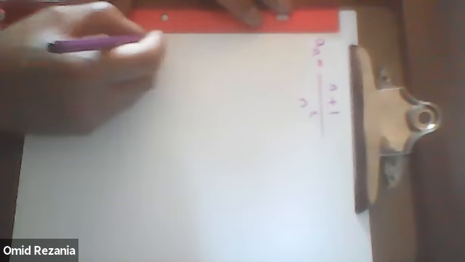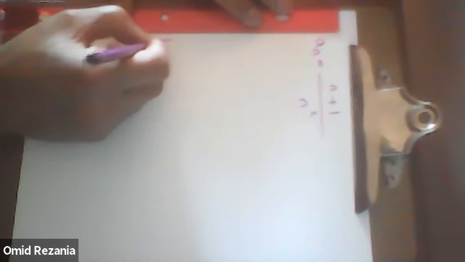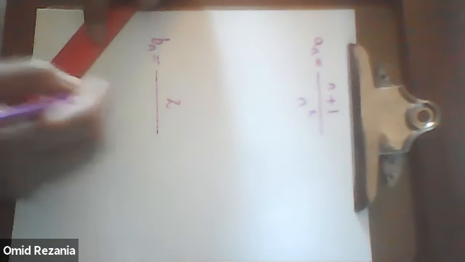And also we have the second one. We have v_n, which is going to be 2 divided by n minus 1.